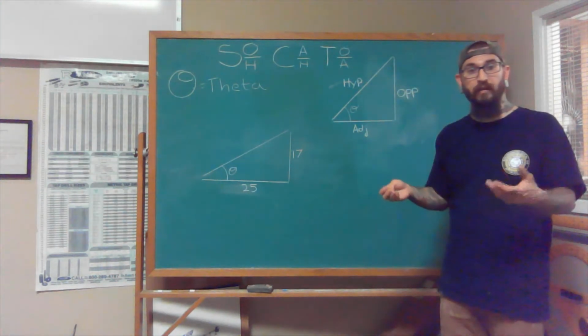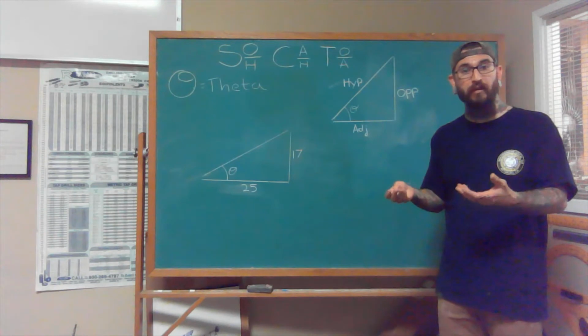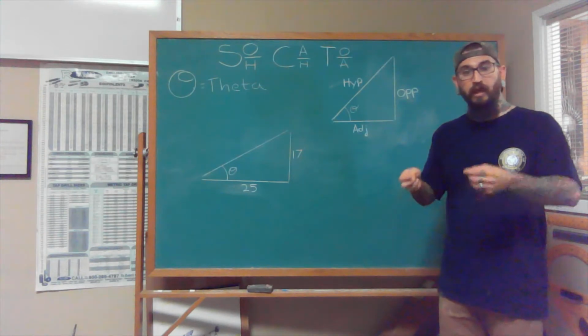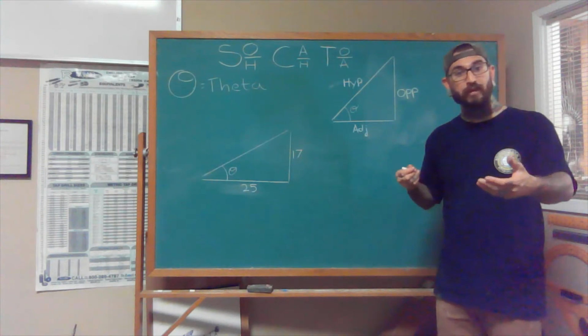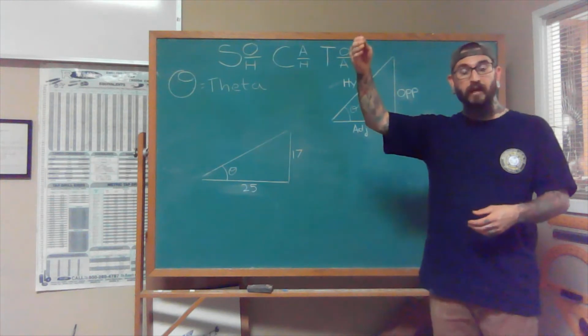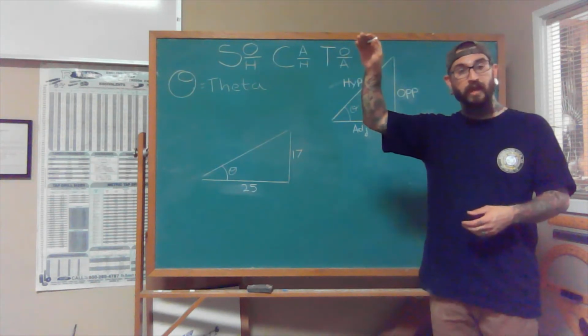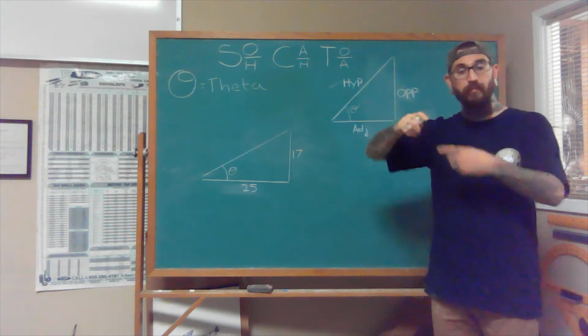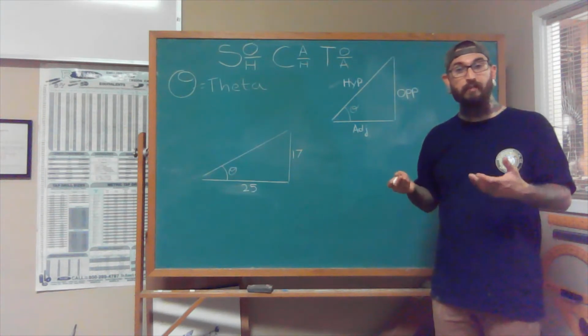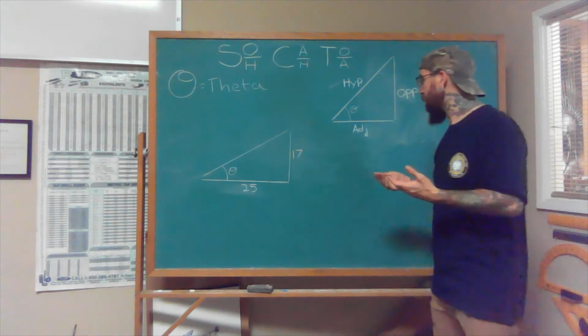If I had a framing square and was trying to lay out a 45-degree angle that was supposed to be 10 inches on the base, working up the side of that framing square, if I go 10 inches and connect those two in between, it will automatically make a 45-degree angle off the 90.